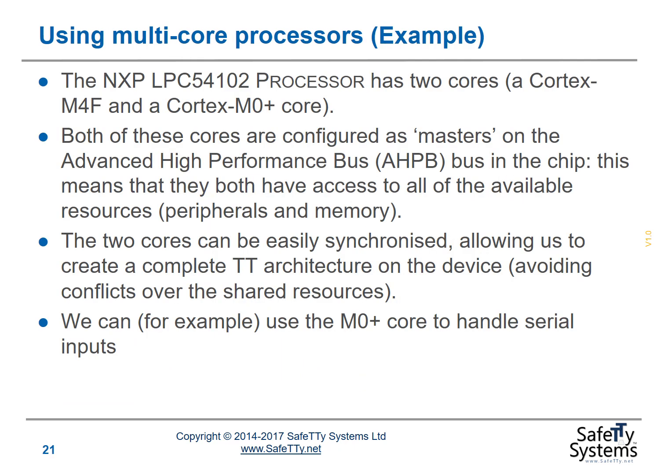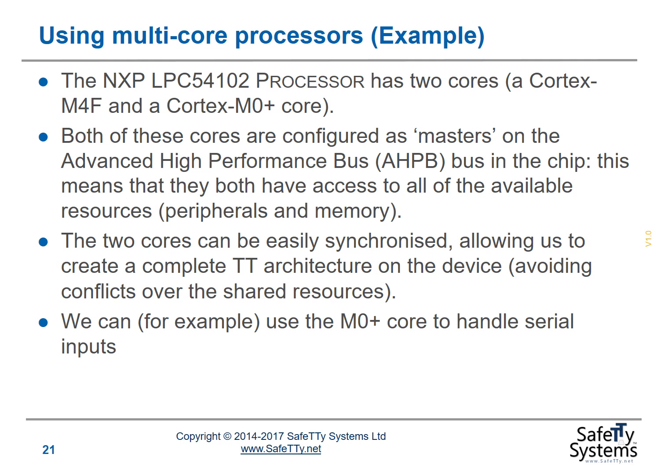Another option that we can consider is use of multi-core processors. So this kind of configuration, for example, an NXP LPC54XXX processor has two cores, a Cortex M4 and a Cortex M0 Plus.